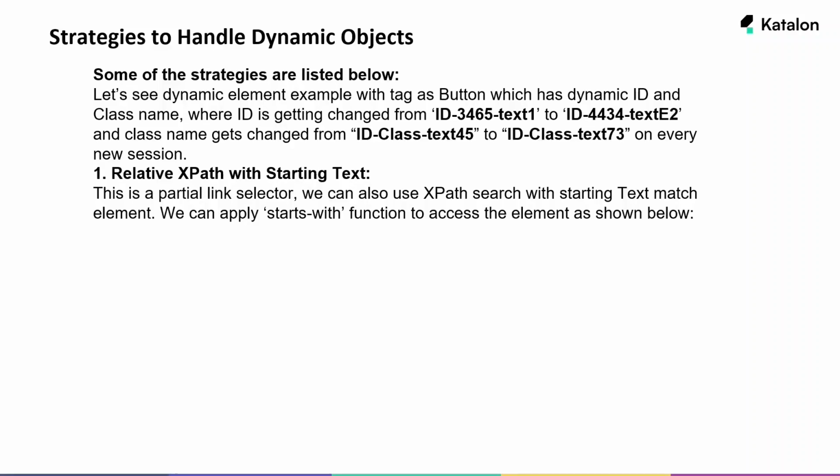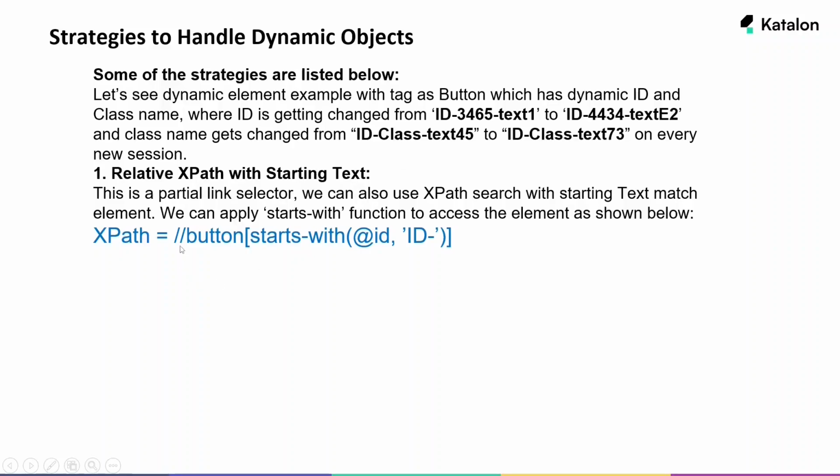So we can also use XPath search with starting text match element. We can apply the starts-with function to access the element as shown below. Because your button is dynamic and your button ID starts with ID.